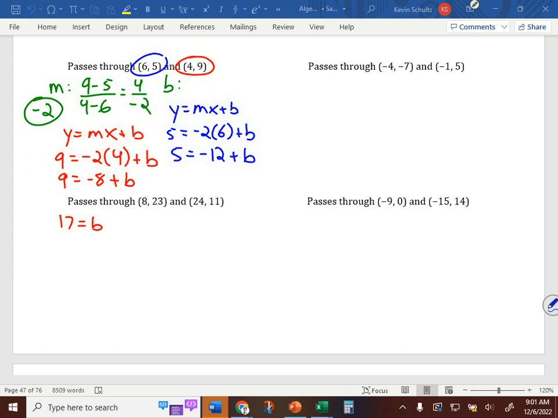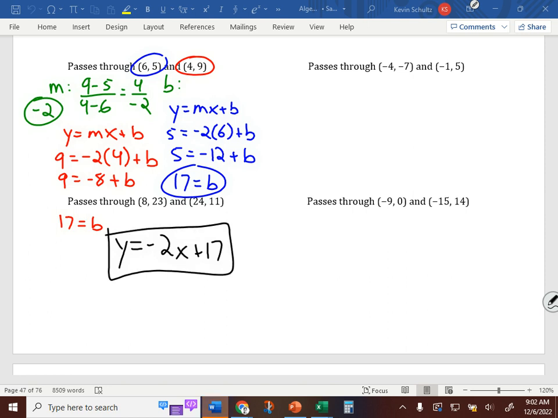This time we're adding 12 to both sides to get b by itself. And lo and behold, we still get the same value. b is 17. It's kind of nice. What's our final answer? Kaylin. y = -2x + 17.